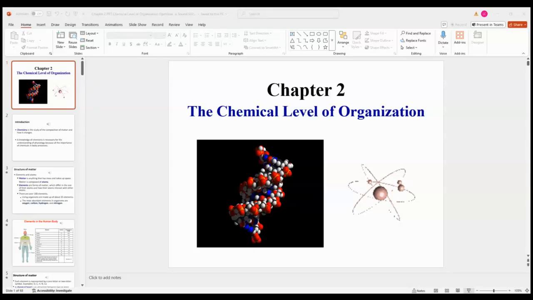What determines if something is going to have a chemical reaction? It's whether or not the atoms are stable. The word stable in chemistry means that an atom is happy the way it is. It doesn't want to form a chemical reaction.